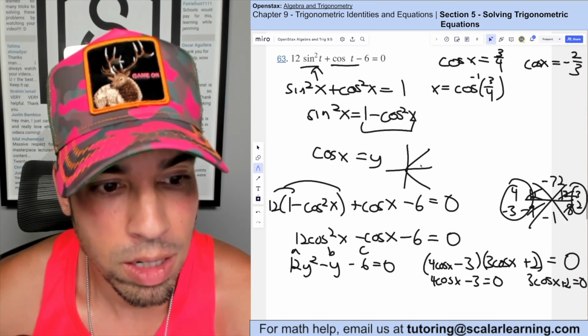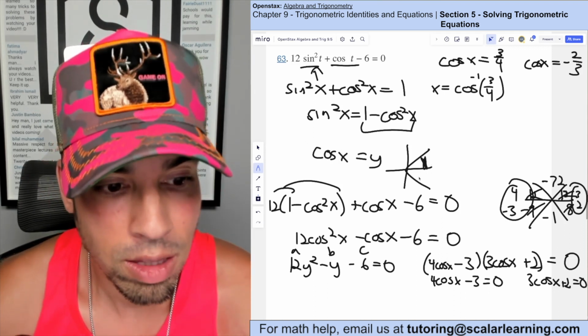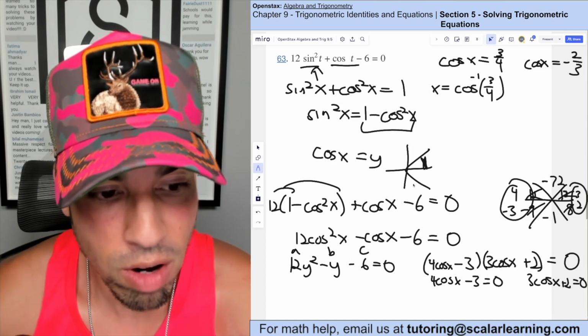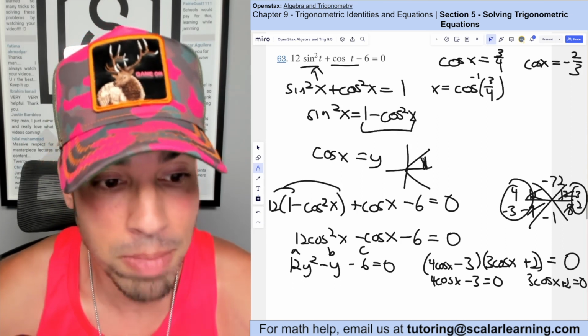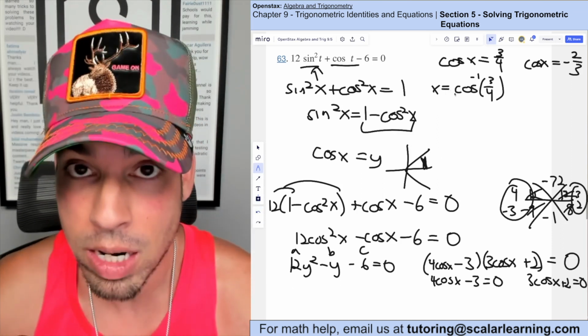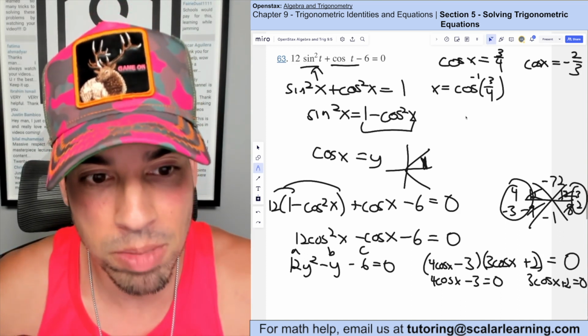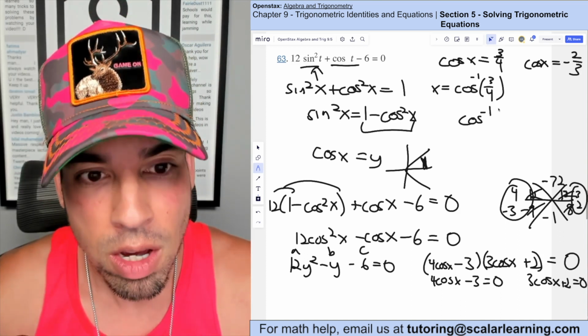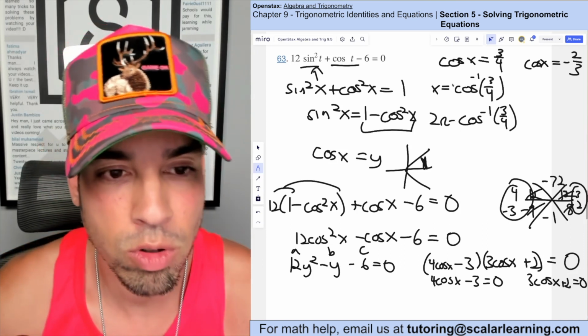Let's say this is a certain value, just pretend that was like 30, then the other angle with the same reference angle in quadrant 4 would be 330, hence 360 minus this angle. So we're doing a similar type of thing here. Obviously we're in radians, so instead of 360, we're using 2 pi. But basically I'm taking this first quadrant angle and I'm subtracting it from 2 pi. All right, cool. So those are my first two answers.